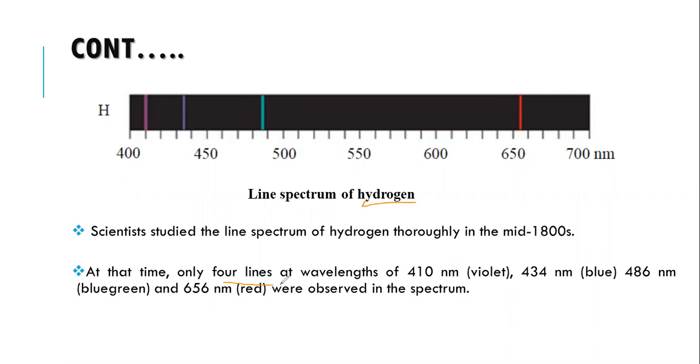Only 4 lines, 1, 2, 3, 4, at particular wavelengths. The first one is the wavelength of 410 nanometers, which is violet in color.